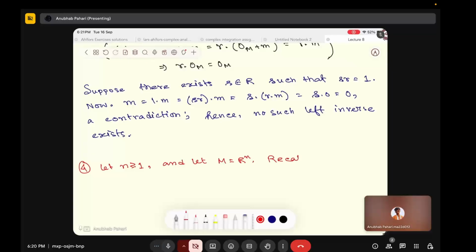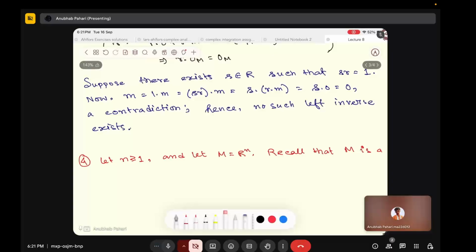Recall that capital M is a left R-module via the action r · (a_i) to (r·a_i).